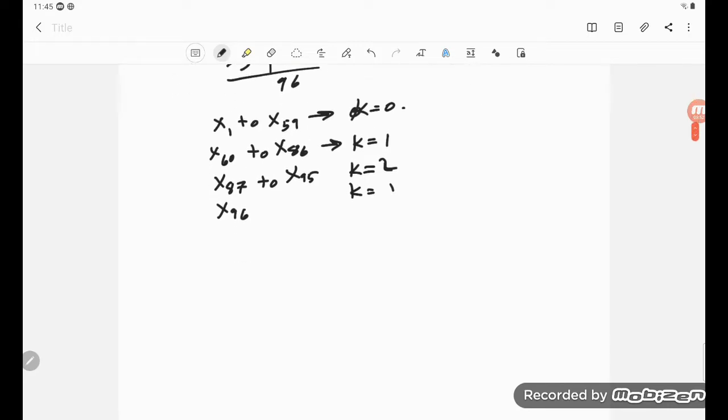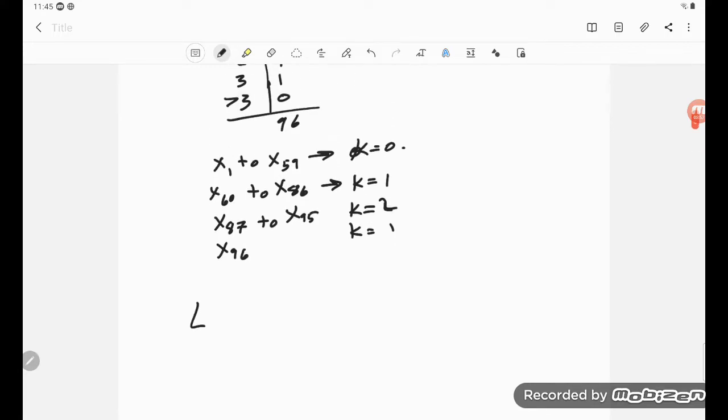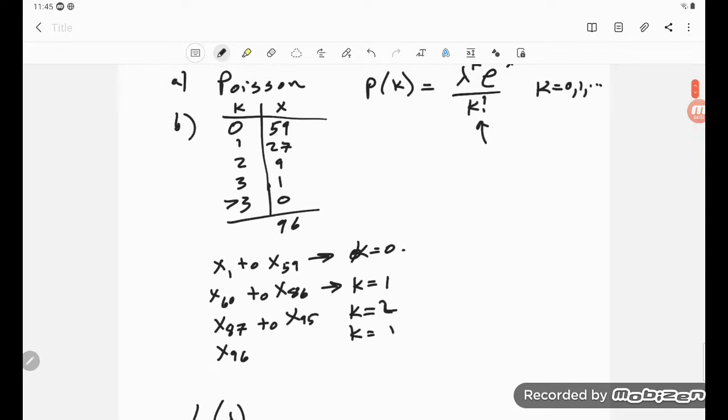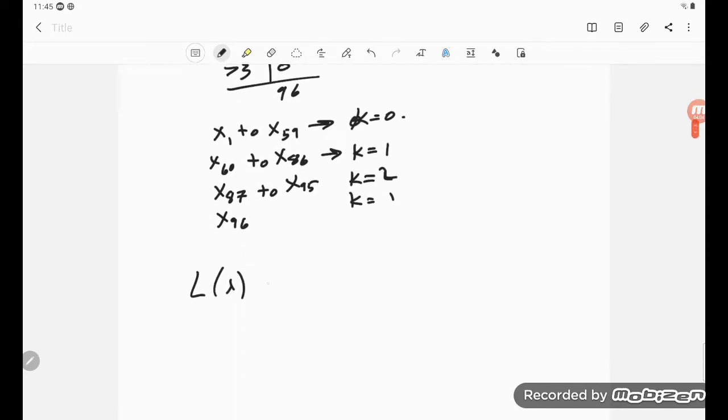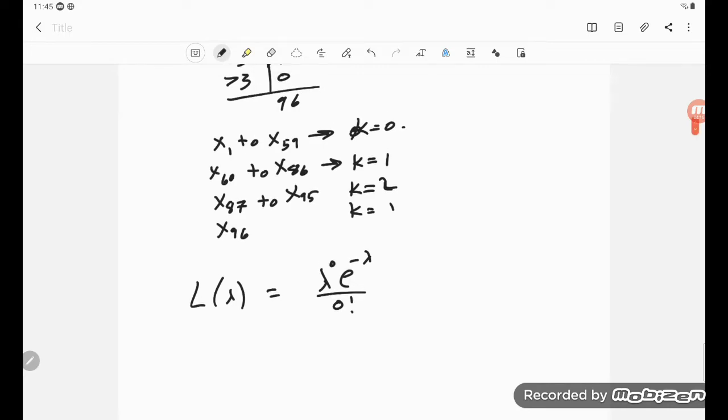So there's our data, and so for our L of lambda, our parameter lambda, what we would have is we would have this lambda to the 0, e to the negative lambda over 0 factorial, and we would multiply those, so this joint distribution, 59 times, so we get that.